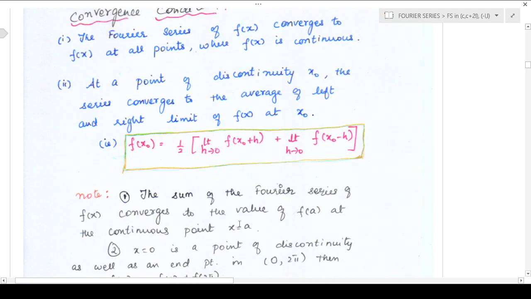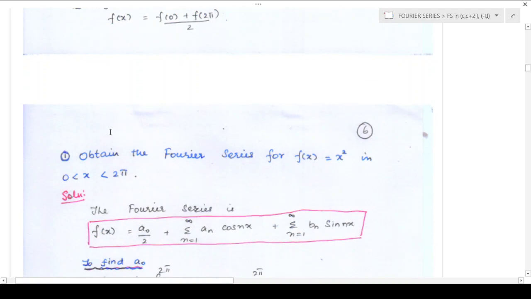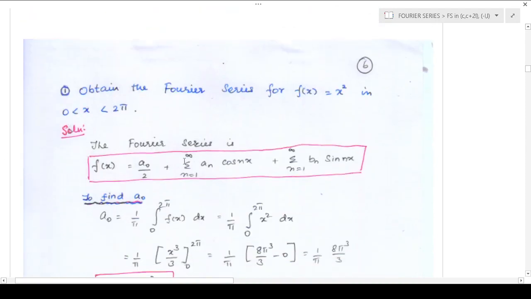If it is a continuous point, then the series converges to f of a. That is what they are saying. If it is a discontinuous point, then it will converge to the average of left and right limit at that point. Okay, while doing problems, you will be understanding this.